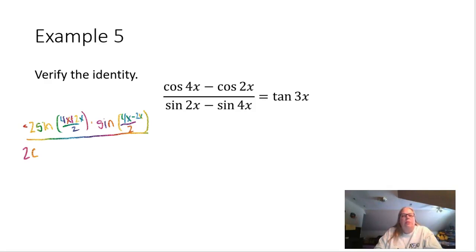And 2 times the cosine of their sum, 2x plus 4x, times the sine of their difference, 2x minus 4x over 2. And we want this to be equal to the tangent of 3x.